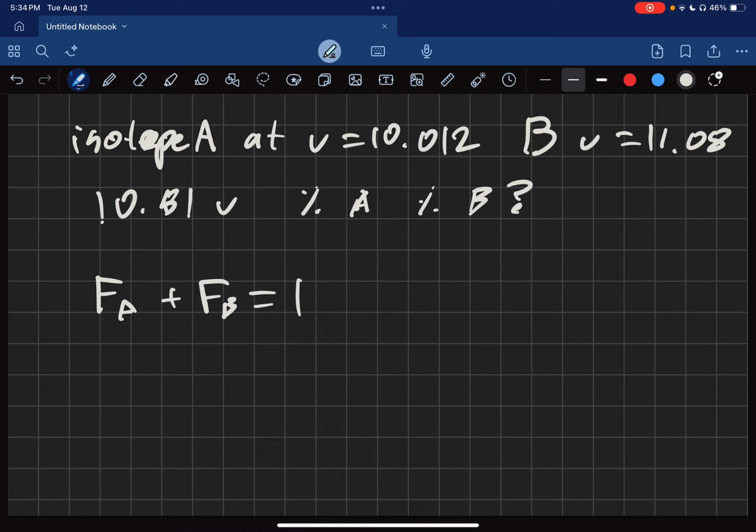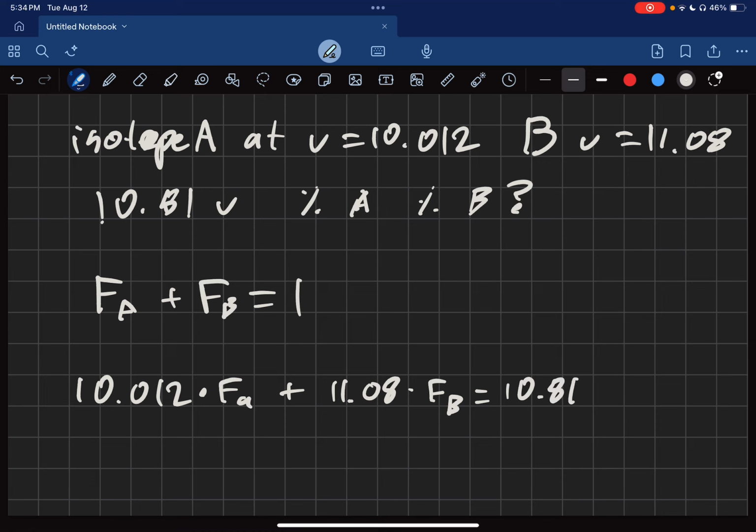And then you also know that 10.012 times FA plus 11.08 times FB equals 10.81. The weighted average is going to be the mass of A times its percentage plus the mass of B times its percentage.